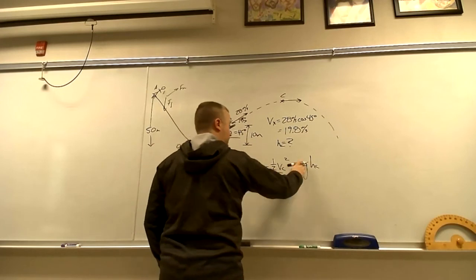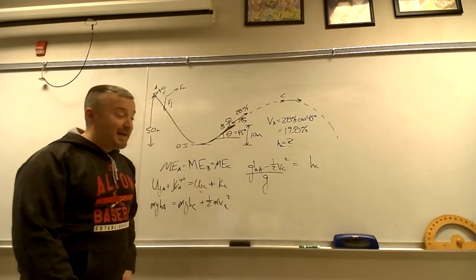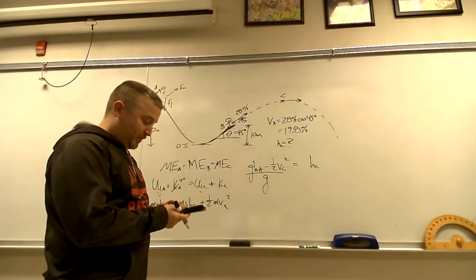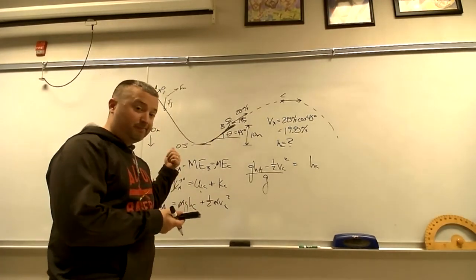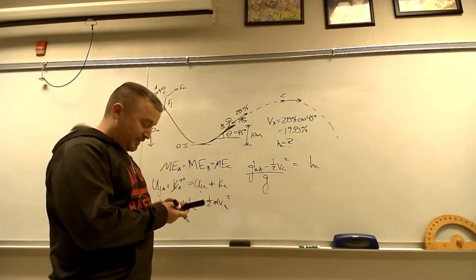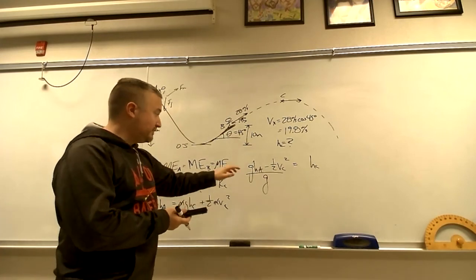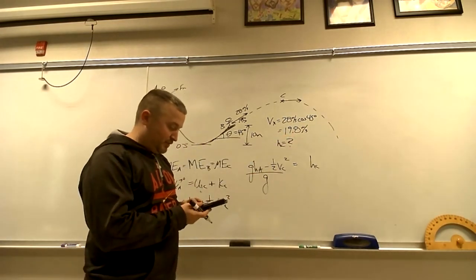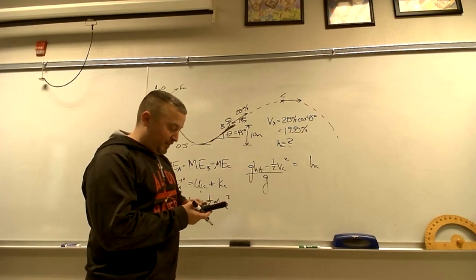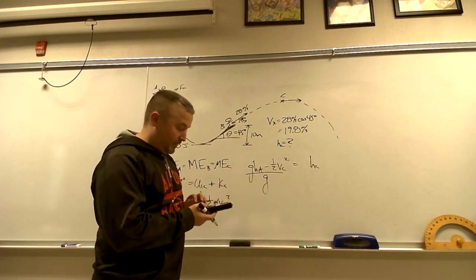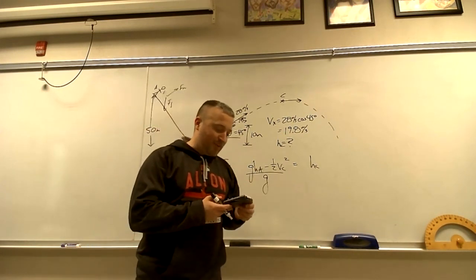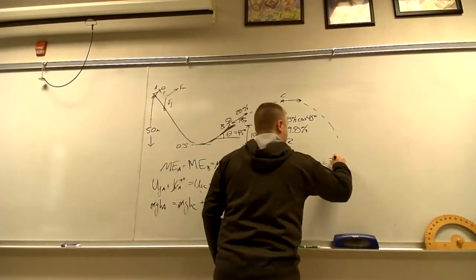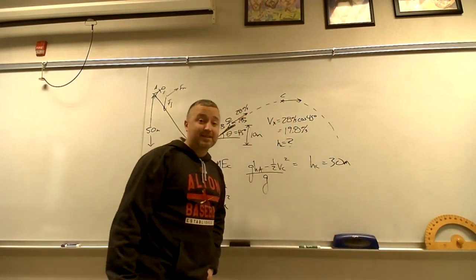You'll notice my mass has already canceled as it did in the first part. So 9.8 times the height of 50, right back up there, minus 1/2 times the velocity at C, just 19.8, square that, enter, and divide by 9.8 again. And I get that the height is 29.9979, or 30. And that's how you do the skier problem.